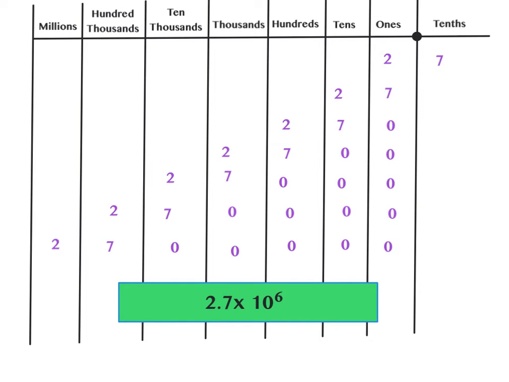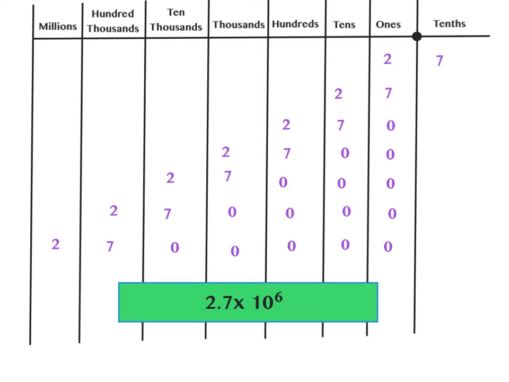Where the decimal point is placed is very important in powers of 10. In the first example, we are multiplying 2.7 times 10 to the 6th. Each time we multiply by 10, the numbers shift to the left in the place value chart.